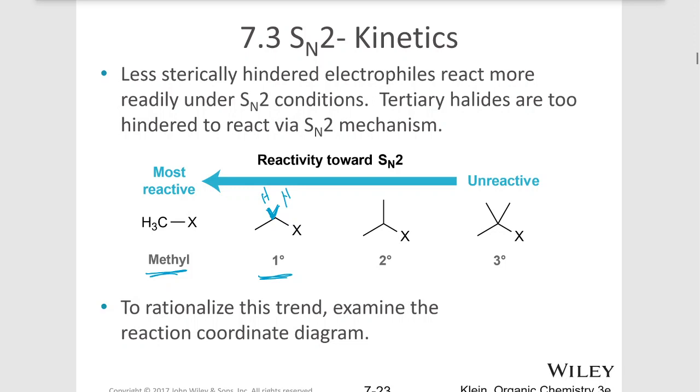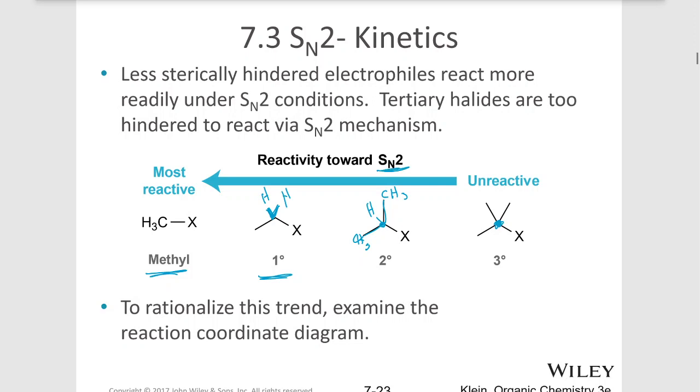Next we have a secondary, the third most reactive, or the second least reactive, where the alpha carbon has 2 carbons attached. This is a general trend. And then tertiary, where the alpha carbon has 3 other carbons attached, is essentially unreactive toward an SN2 substitution mechanism.